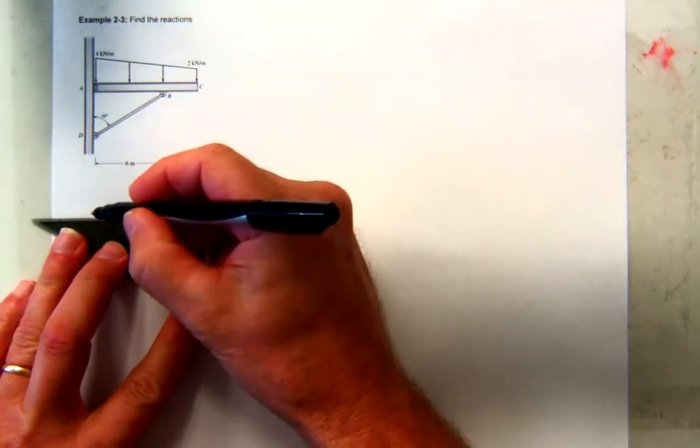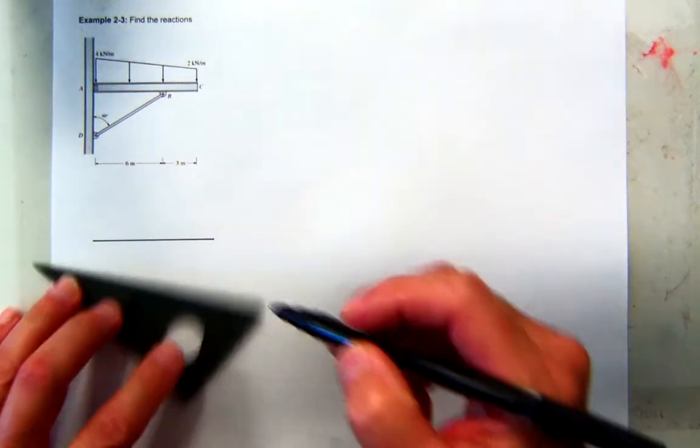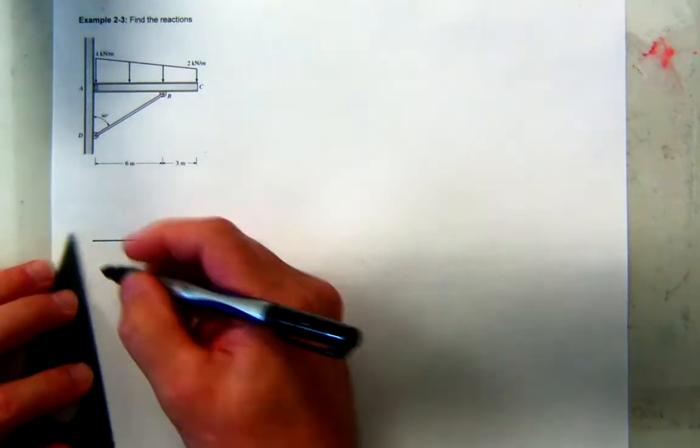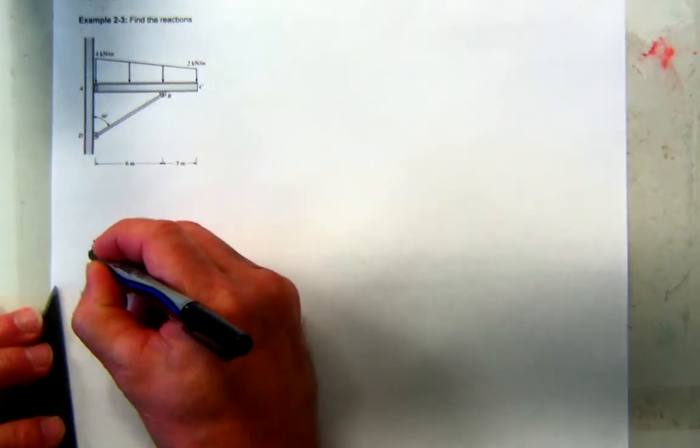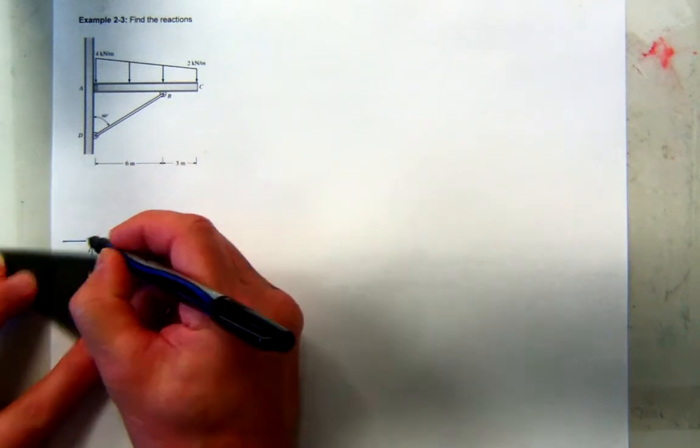So I'm going to draw my free body diagram of ABC. There's ABC. I'm first going to assume directions for A: AY, AX.